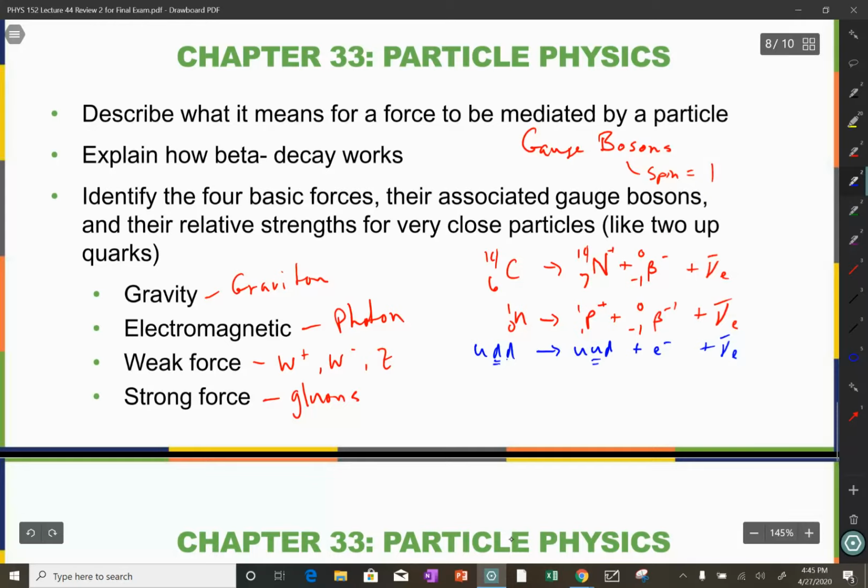And so we had the Feynman diagram that showed, and I've got to change the order, up, down, down, up, down, up. So there's a down and up.